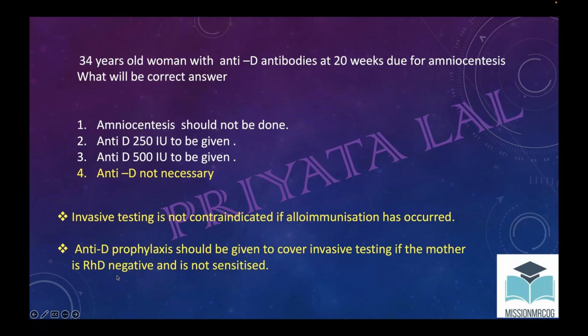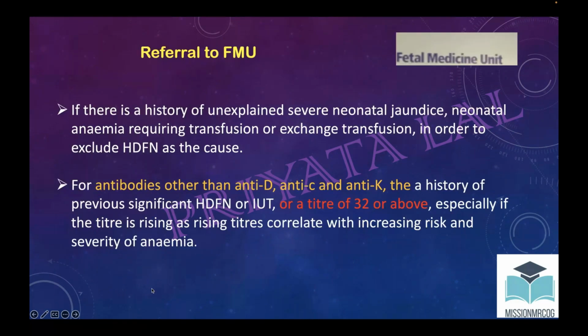Now again, you will get questions from here: the fetal medicine unit. What are the indications for referral to the fetal medicine unit? Because you get questions from these referrals also. You refer to the fetal medicine unit if the patient has a previous baby with unexplained jaundice, neonatal anemia, or a baby who required transfusion or exchange transfusion.